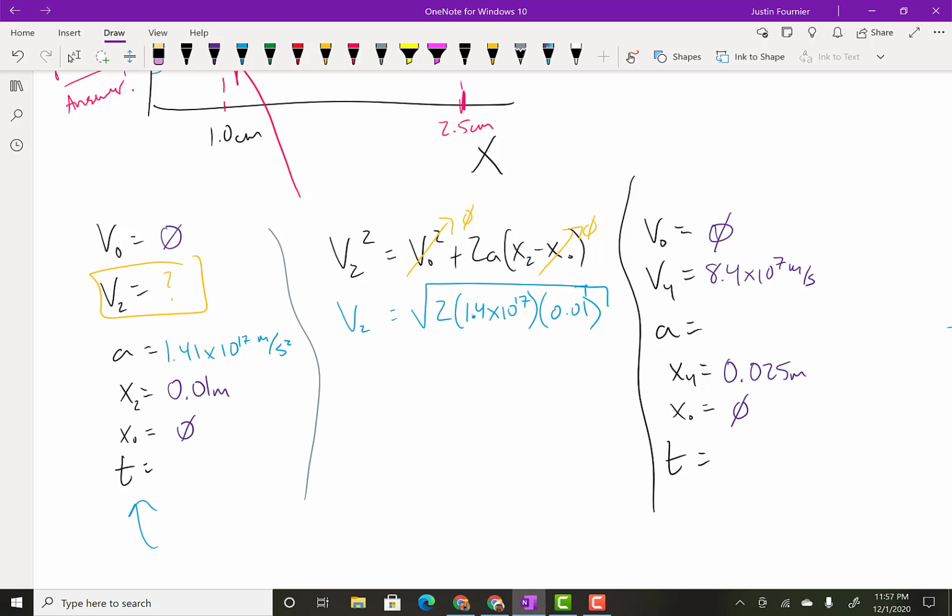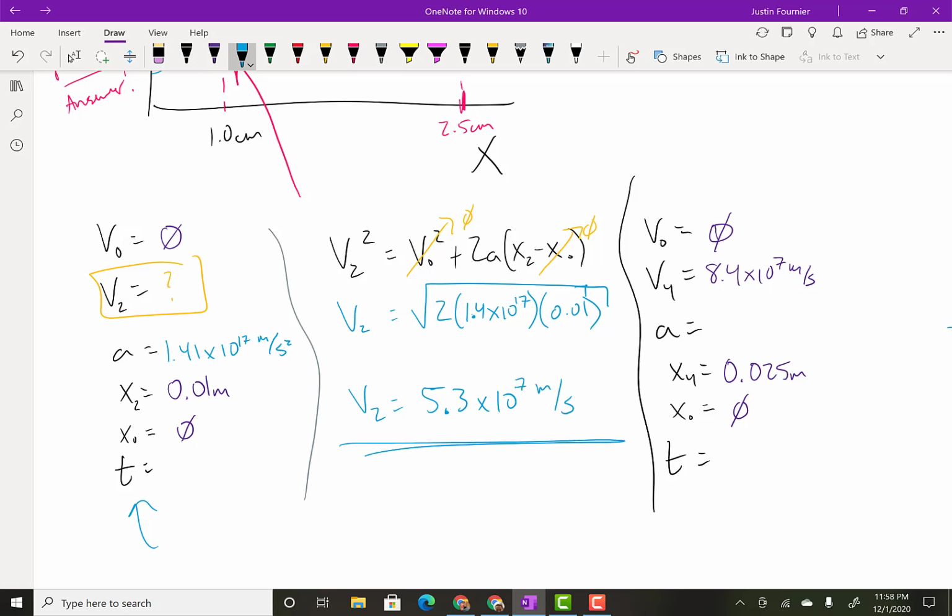So 1.41 times 10 to the 17 times 2 times 0.01, and then square root. And that gives me 5.3 times 10 to the 7 meters per second.